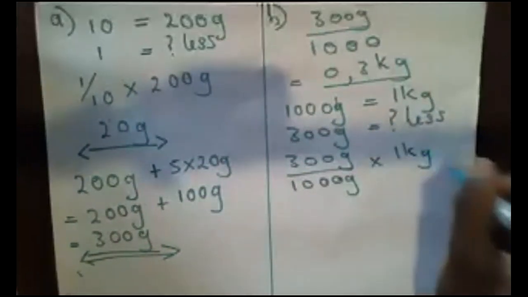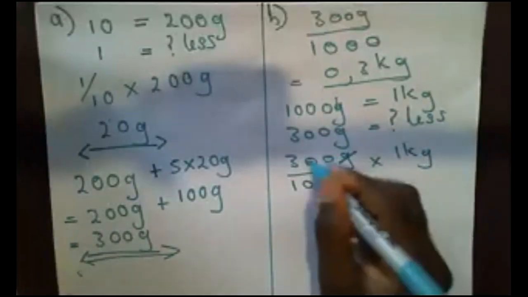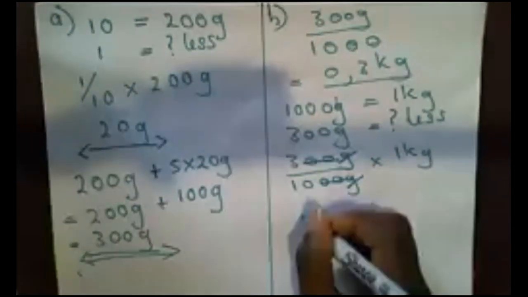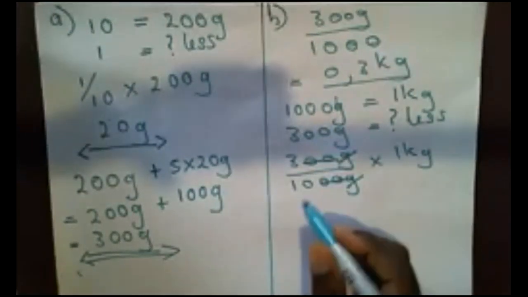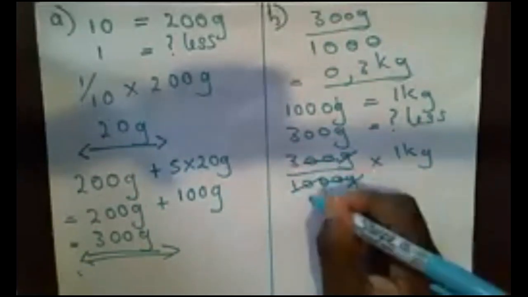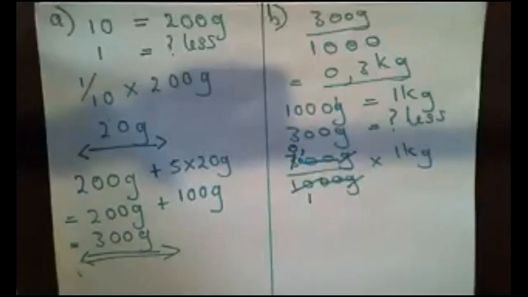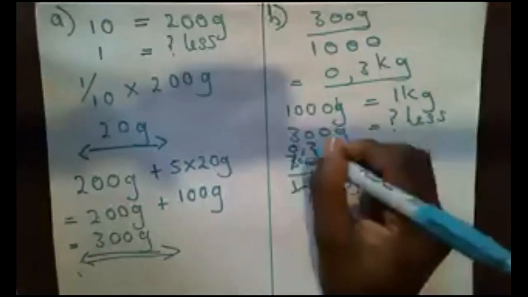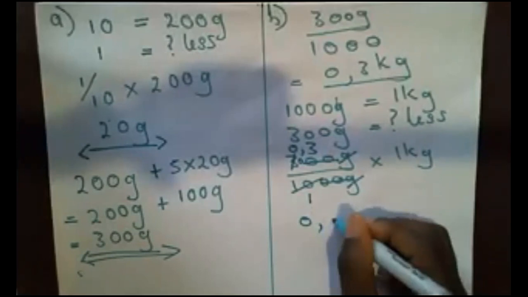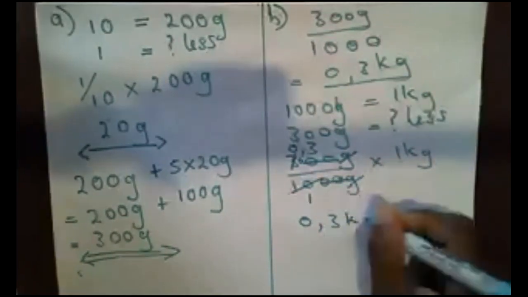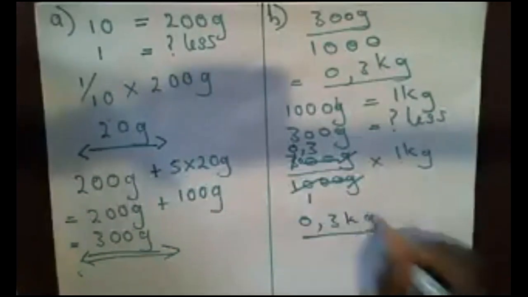So this and that will cancel out. Then we are left with 3 over 10, multiplied by 1 kg. So we just have 0.3 kgs.